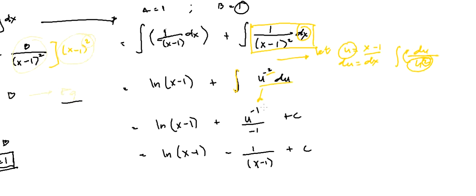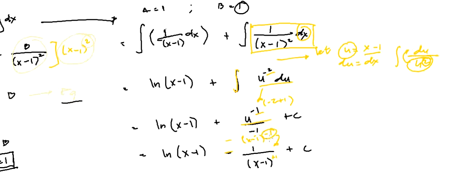So we have negative 2 plus 1, which is negative 1, all over the new power, which is negative 1. That's why we have come up with negative 1 times u, wherein our u is x minus 1 to the negative 1, and we can rewrite this as negative 1 over x minus 1.